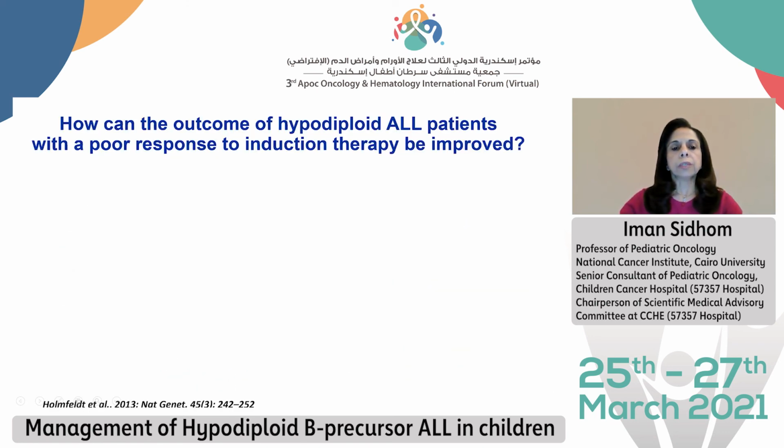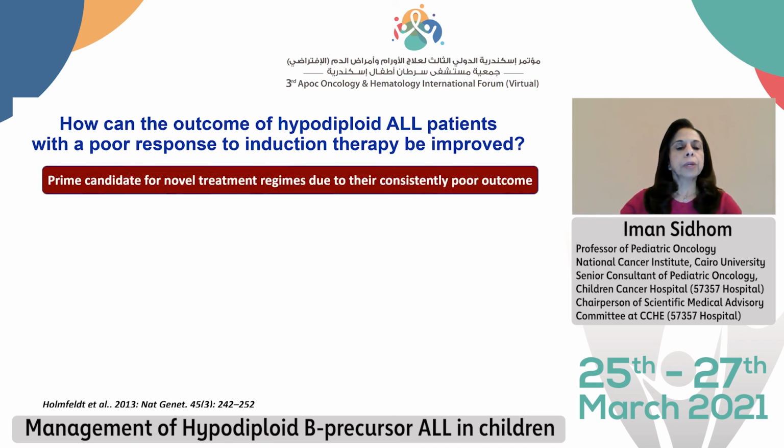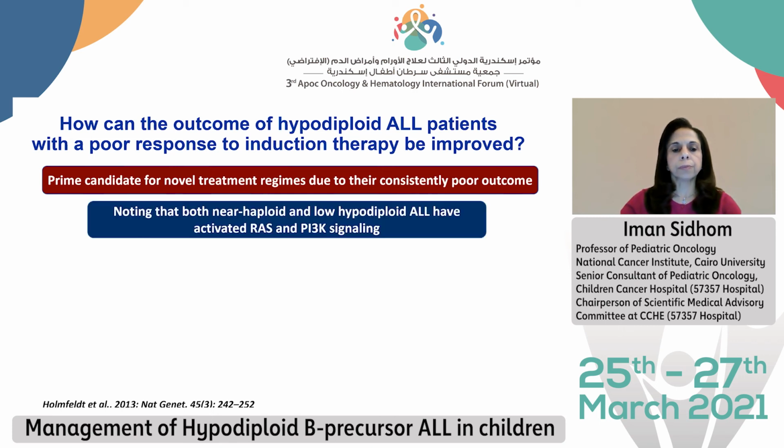So the question is, how can the outcome of hypodiploid ALL patients with a poor response to induction therapy be improved? These patients are prime candidates for novel treatment regimens due to their consistently poor outcome.